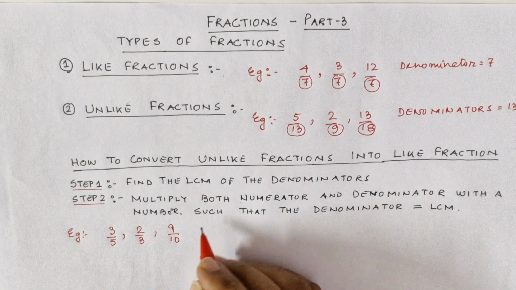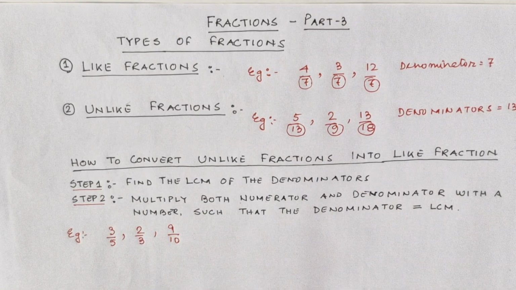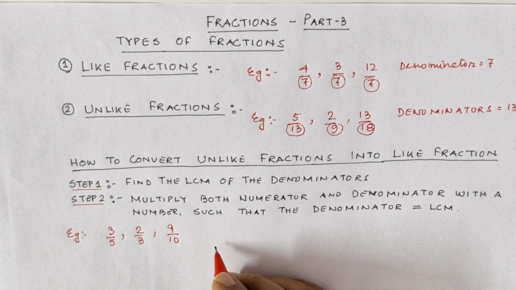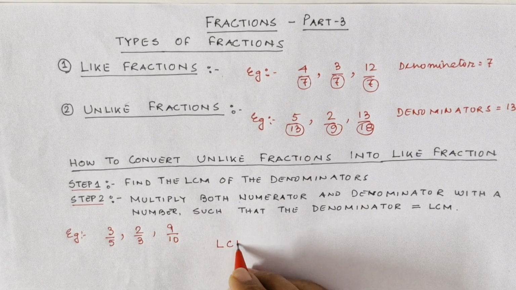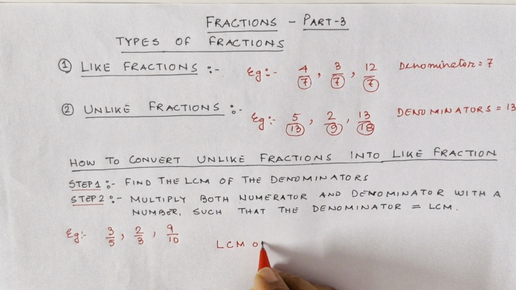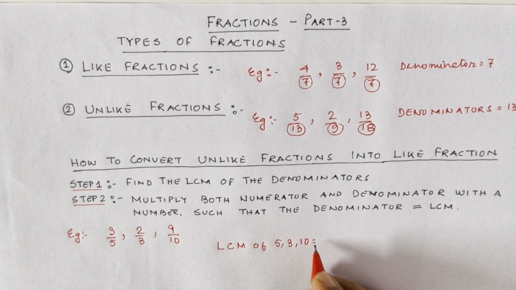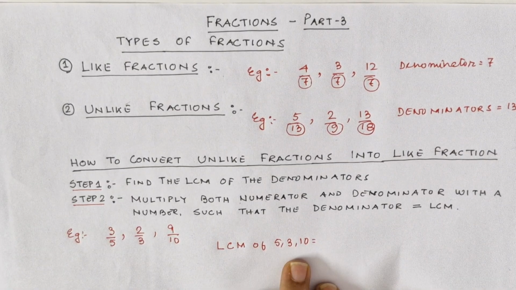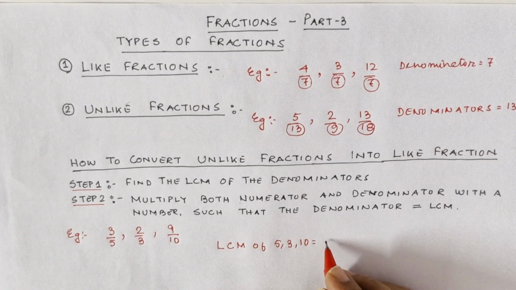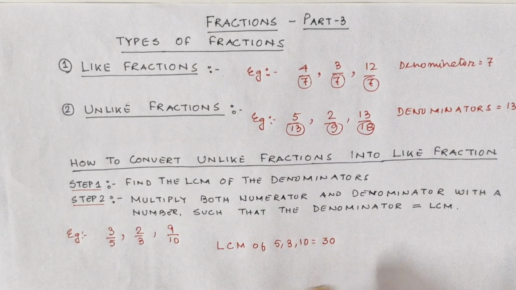So we need to convert them into like fractions. Now you need to find the LCM of 5, 3 and 10. If you work out the LCM of 5, 3 and 10, you'll find that the LCM is 30. Got it? This is the first step we have covered.